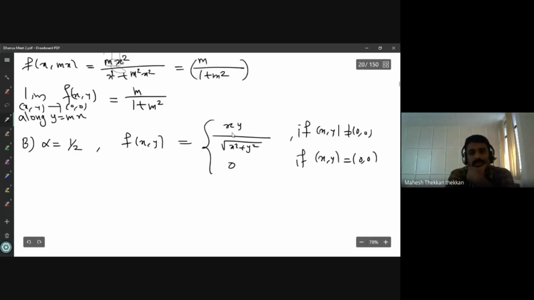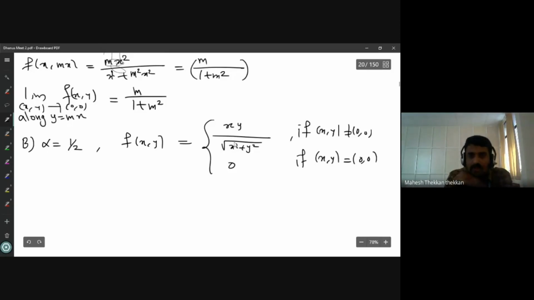In the numerator you have a polynomial in x and y whose degree is 2. And in the denominator, you have a polynomial in which the degree is less than 2 because there is a square root. Inside that square root, you have a polynomial. So like that, you can observe whether this exists or not.